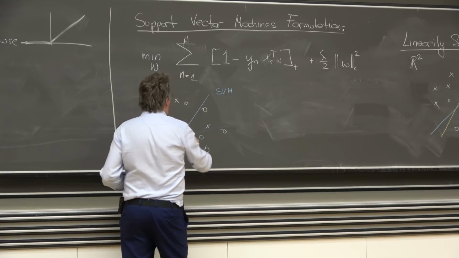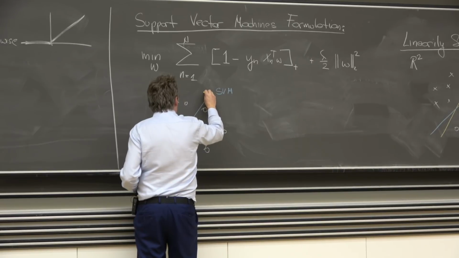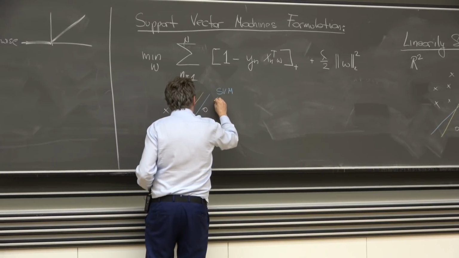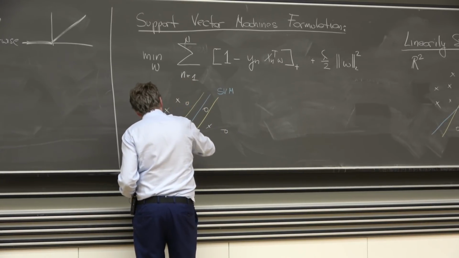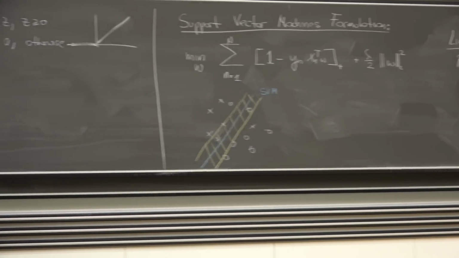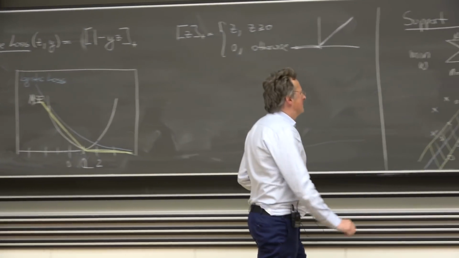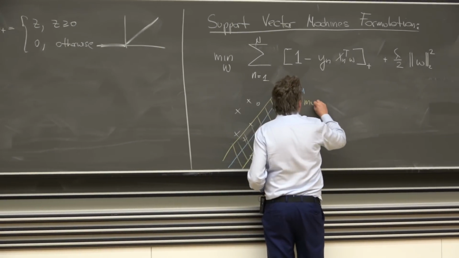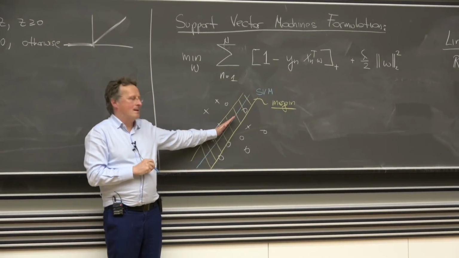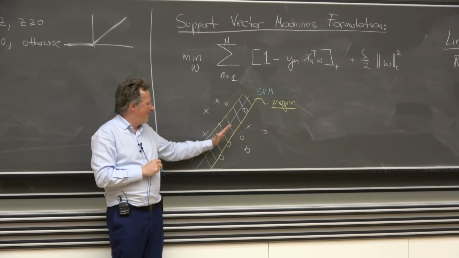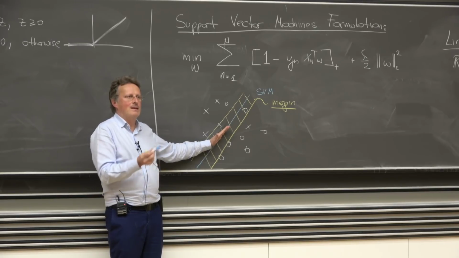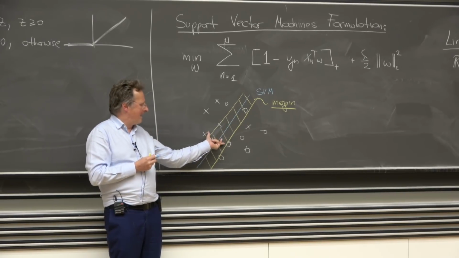And around it, in the notes, there is some kind of pink region. What is this region? This is exactly the margin. This region is given by two hyperplanes that are parallel to the main hyperplane. So that's the hyperplane that makes the prediction, and the margin is exactly these two hyperplanes here.